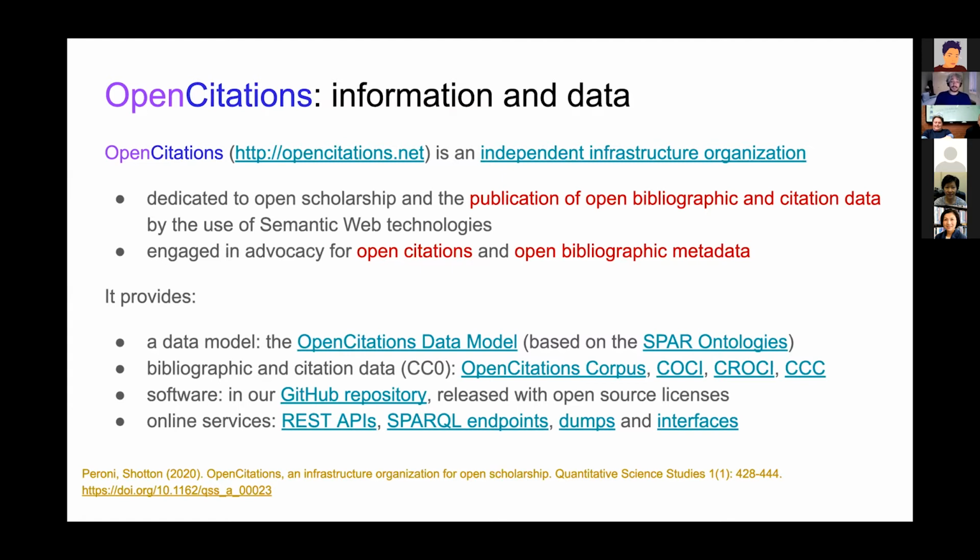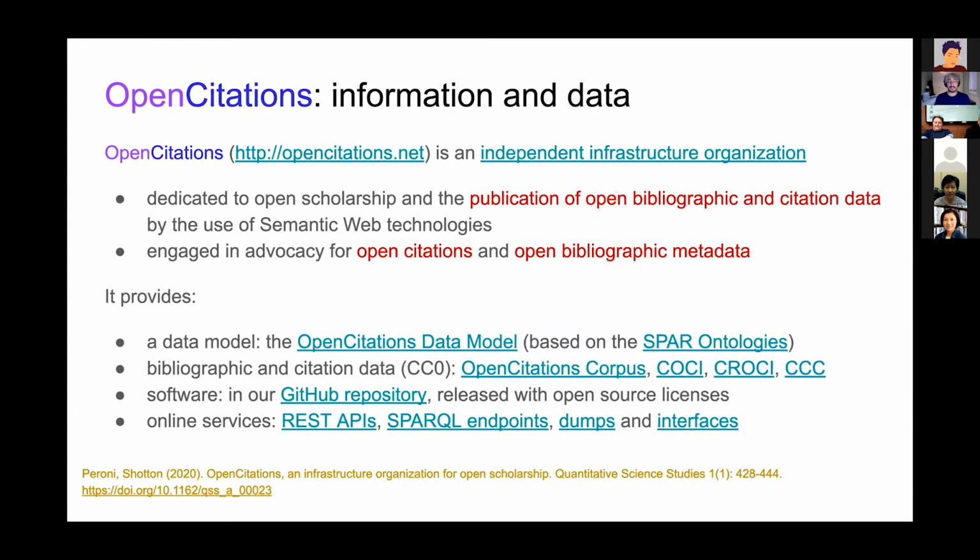All the software that has been developed and will be developed for providing Open Citations services, to provide the technical infrastructure and all the services that we provide online for gathering citation data and bibliographic data, is available in our GitHub repository.